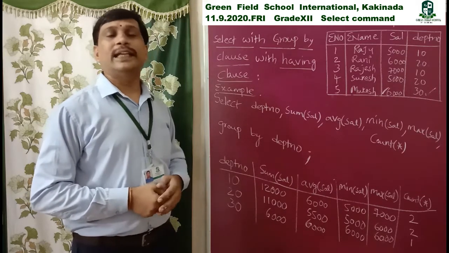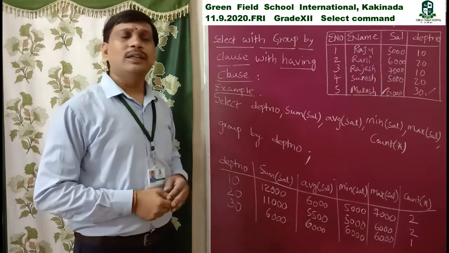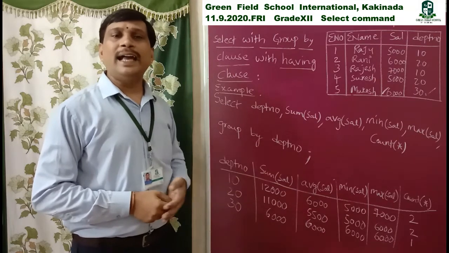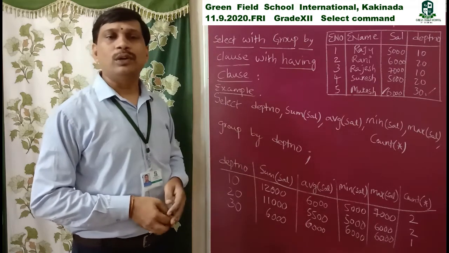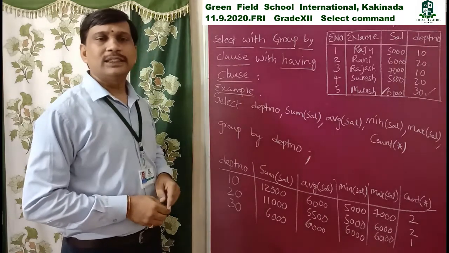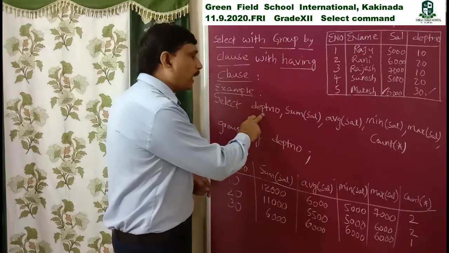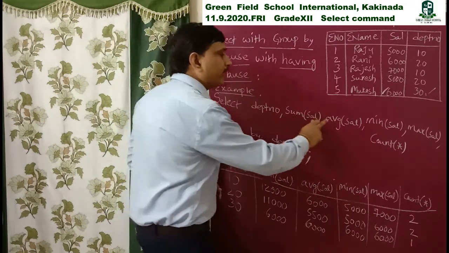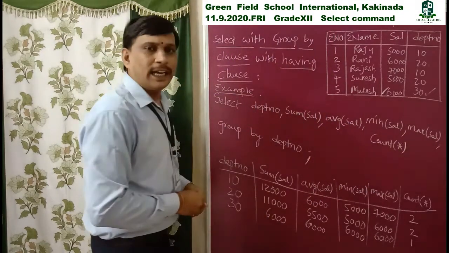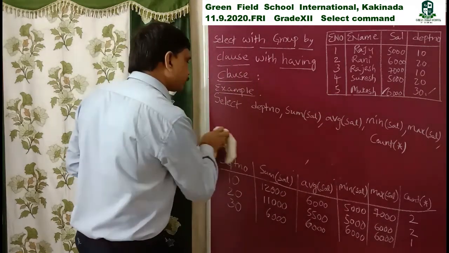In the previous example, I did not write this having clause, but this time I add this clause also. I change my example for this having clause. Say I write here: select department number, sum of sal, AVG of sal, min of sal, max of sal, count of star. Next I write group by.